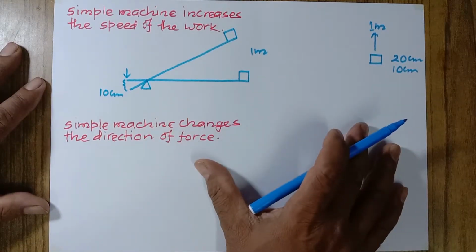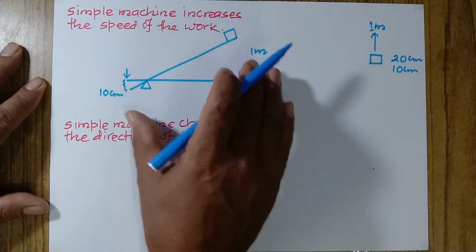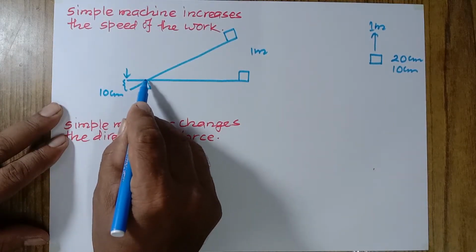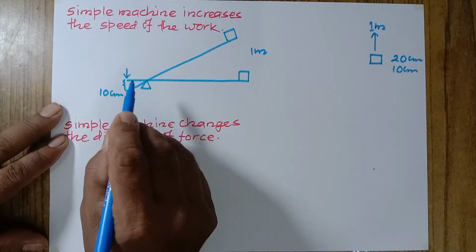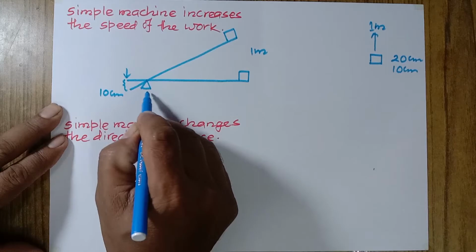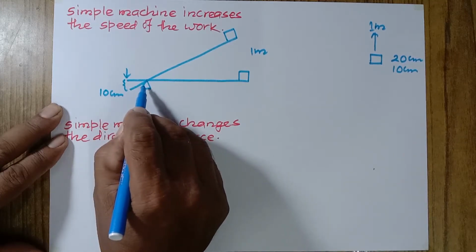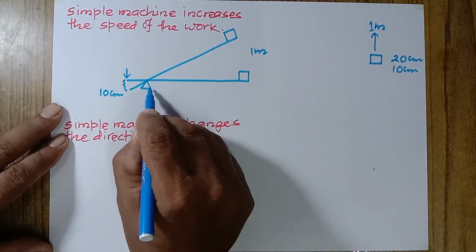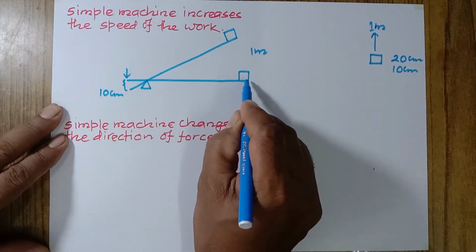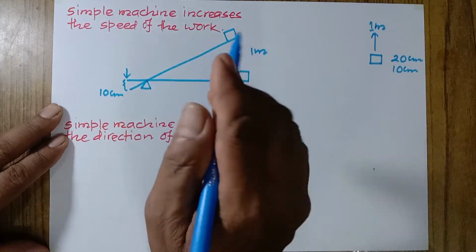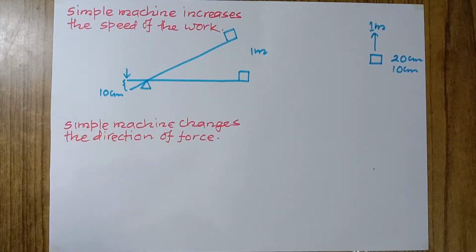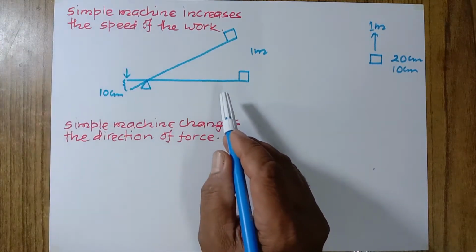How is it possible to increase the speed of the work? In the case of this lever, the distance from the fulcrum to the effort is called the effort distance. If the effort distance is less than the load distance, meaning the distance from the fulcrum to the load, then a body can be raised to a long distance by applying force through a short distance.